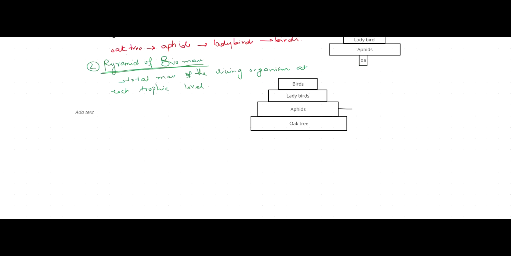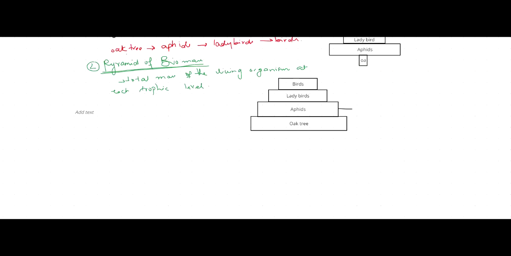Not all of the energy possessed by the grass will transfer to the grasshopper. Similarly, the grasshopper is being eaten by, let's say, I think we took the example of ladybirds. So not all of the energy that the grasshopper has is going to be transferred into the ladybirds.